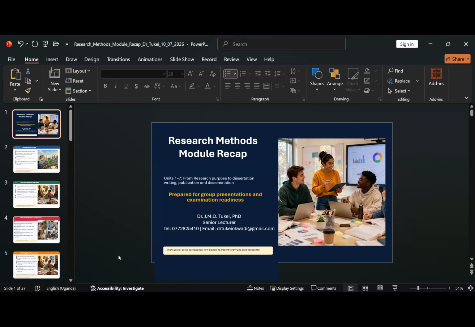So I learned that a research that someone intends to carry out or has given in a proposal should be able to solve practical problems in organizations and communities, and also public institutions.